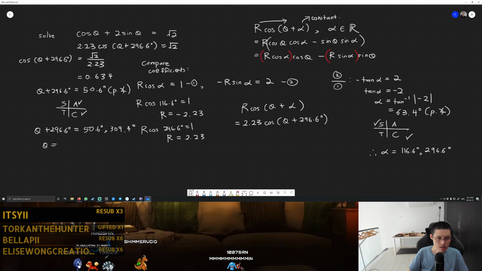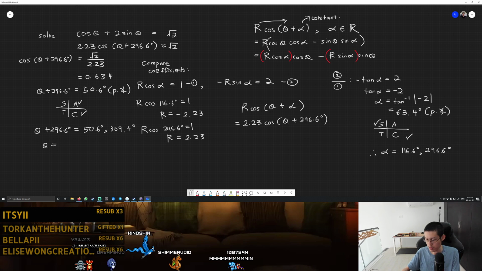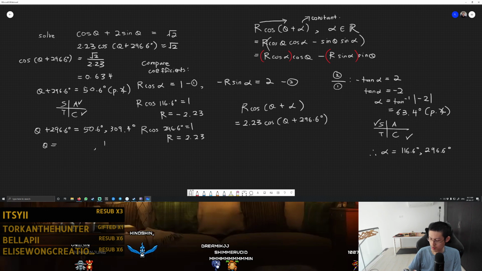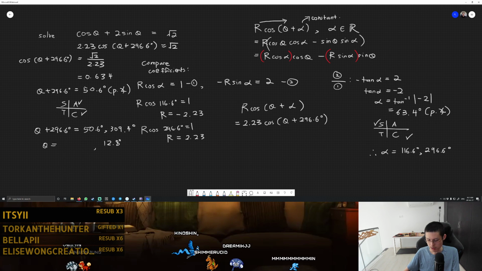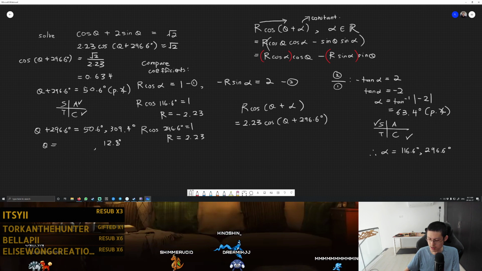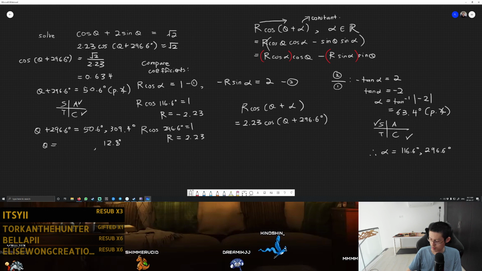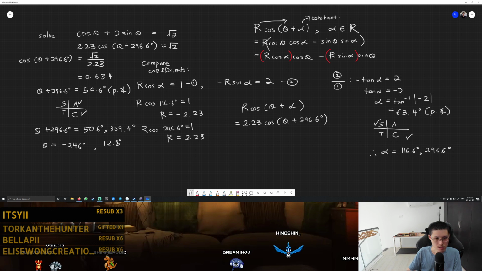So our theta is actually 50.6 minus 296.6, so we get negative 246 degrees. And 309.4 minus 296.6 gives me 12.8 degrees.